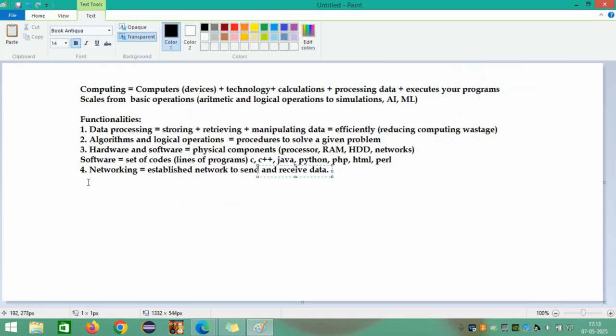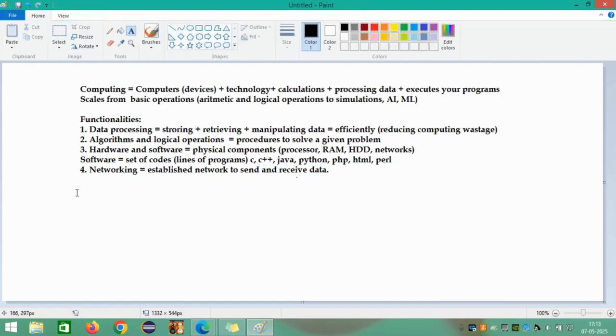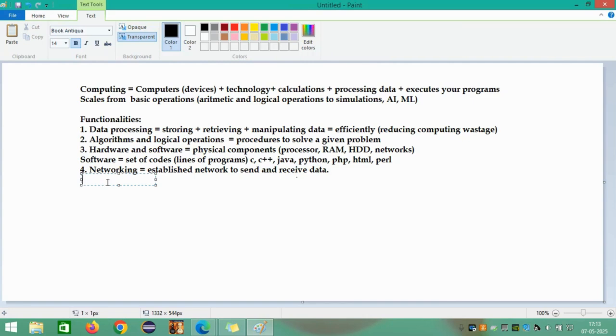Sorry, I forgot to add one more point, which gives way to the latest advancement, which is artificial intelligence and machine learning. We can describe artificial intelligence as something which mimics human knowledge.